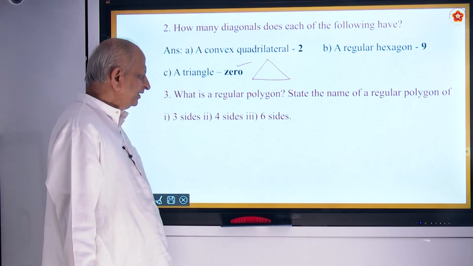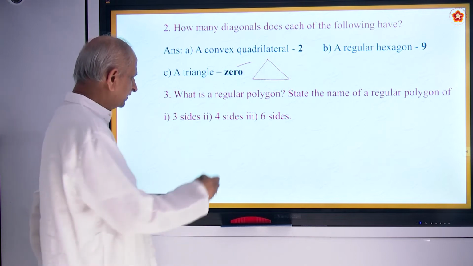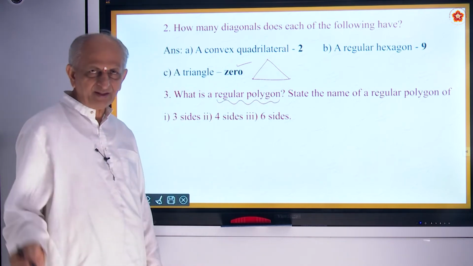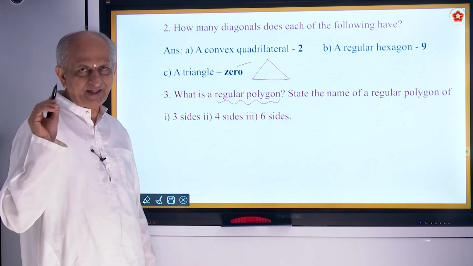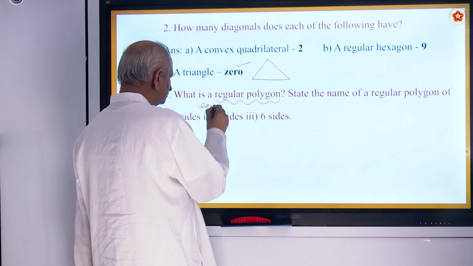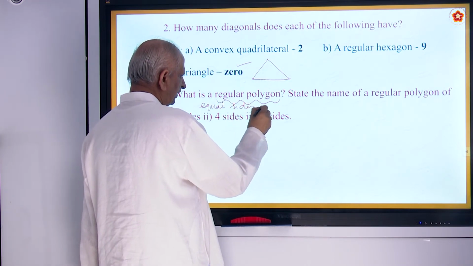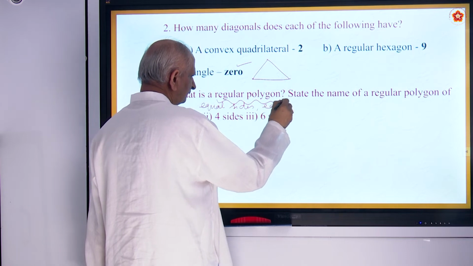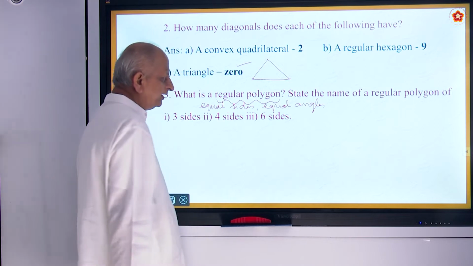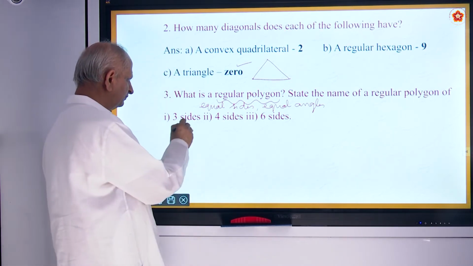What is a regular polygon? Just now we discussed. A regular polygon is a polygon having equal sides and equal angles. Note down. Equal sides and equal angles. State the name of the regular polygon of 3 sides. What do you call it?